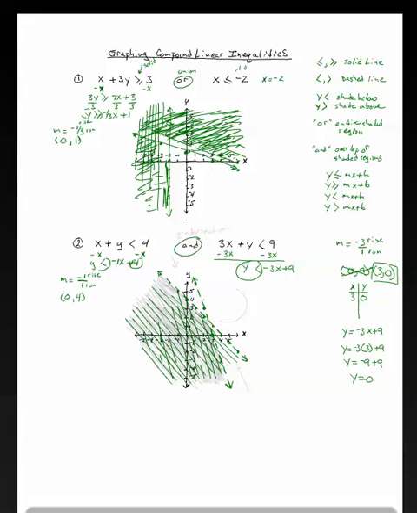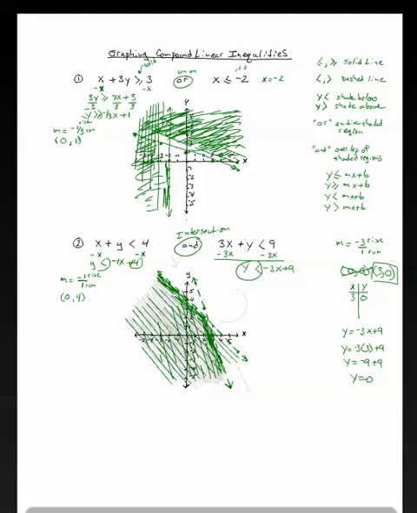Now, this is an AND compound inequality, which means it's the intersection. If it's just the intersection, we only want where the two shaded regions overlap. And that's going to be where this cross-hatching occurs. And you can kind of see it underneath our two lines. So I'm going to go ahead now and shade this in more darkly.